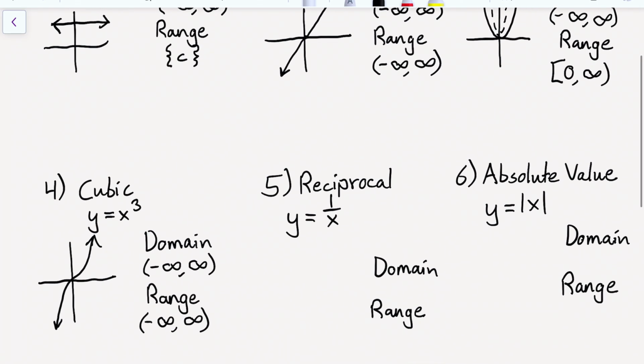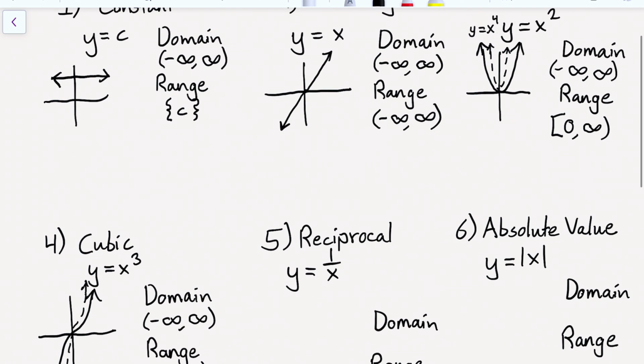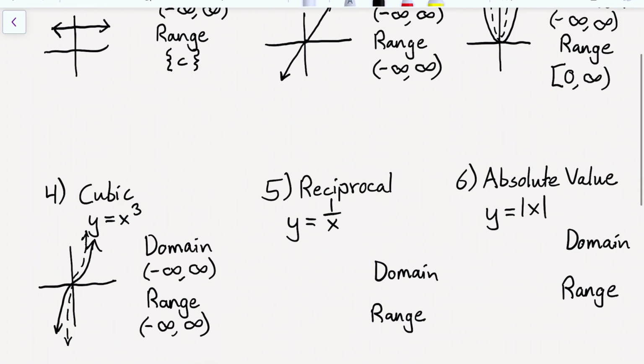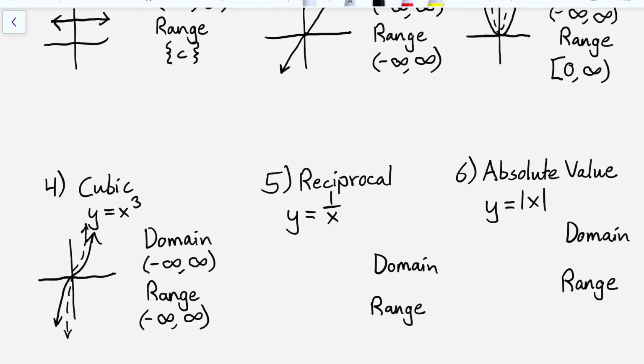And in similar fashion, the graph of y equals x to the fifth, that's an odd power, will be very similar to the graph of y equals x cubed. The graph of y equals x to the fifth might look something like this dashed line. So all the even power functions look like a parabola, all the odd power functions look like this S-curve.